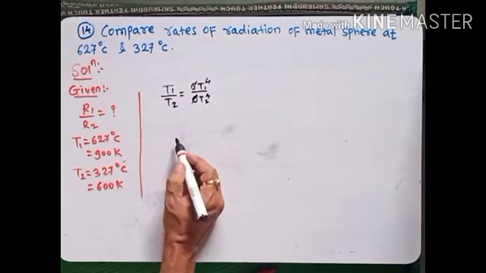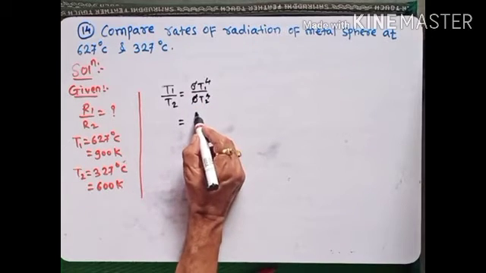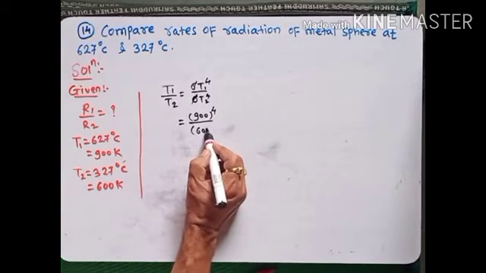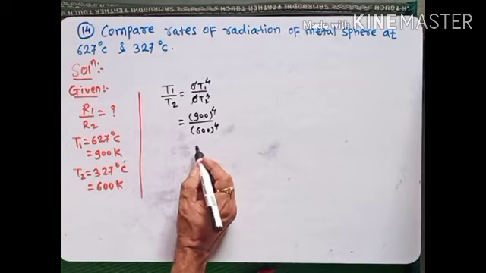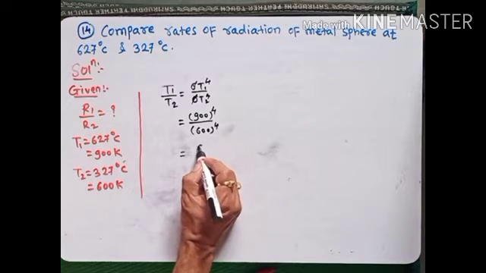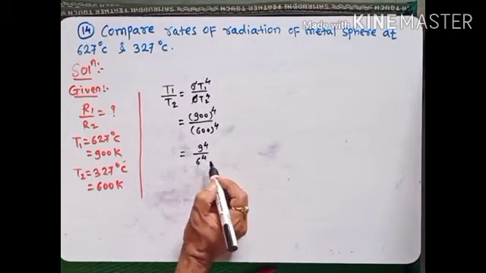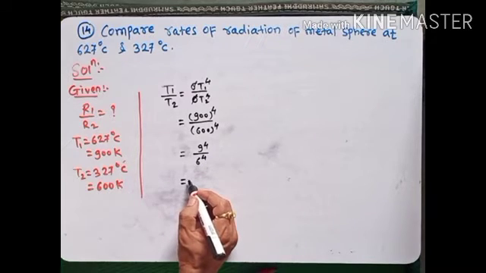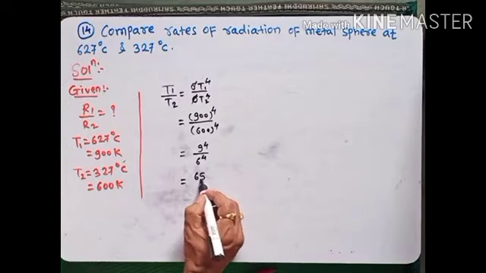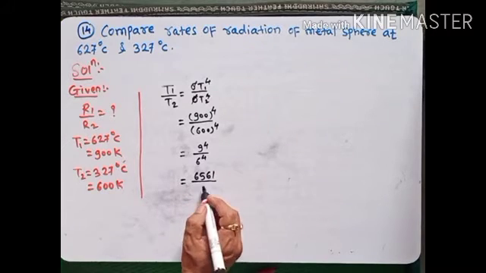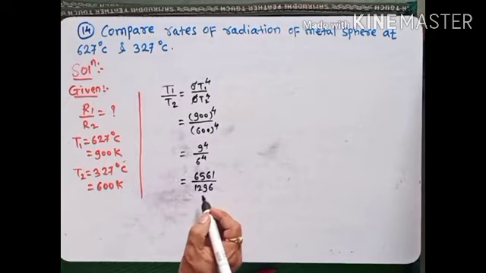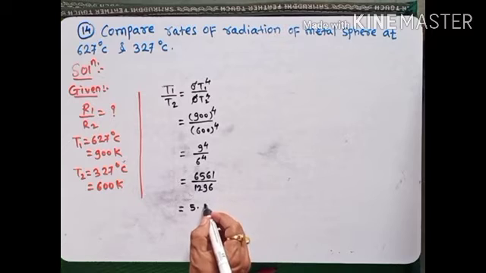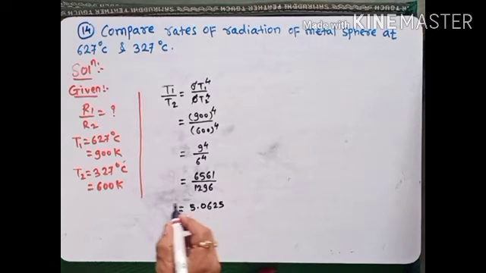This sigma gets cancelled, and for T1 we consider here 900 raised to 4 upon 600 raised to 4, means 9 raised to 4 upon 6 raised to 4, and if we calculate this we get 6561 upon 1296, and if we actually calculate then we get 5.0625.